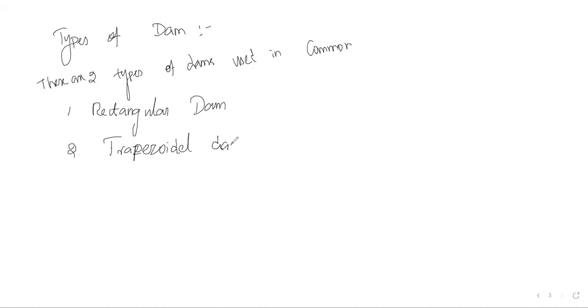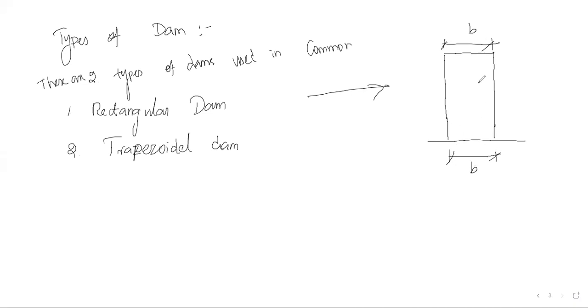Rectangular means the entire profile has uniform breadth throughout the section height, so it has uniform width throughout the height of the structure.